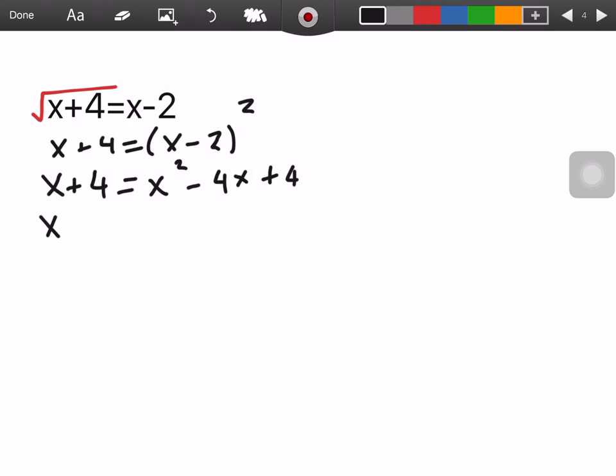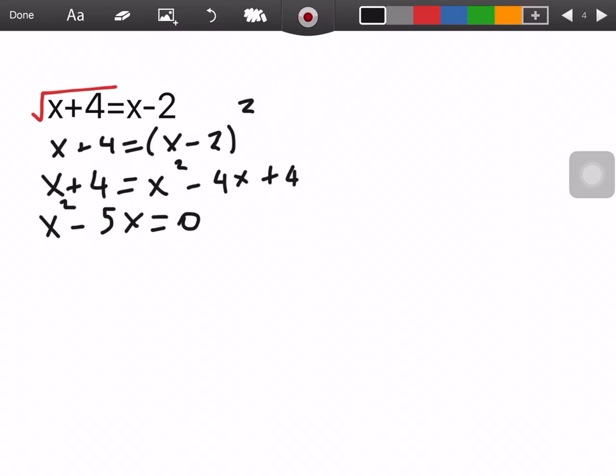Okay, so now we have to rearrange. So x squared is equal to, so x from the left hand side, when it's brought to the right hand side, will become minus 4x and minus x. Therefore, that gives you a result of minus 5x. And when you bring 4 from the left hand side to the right hand side, it will become 0.